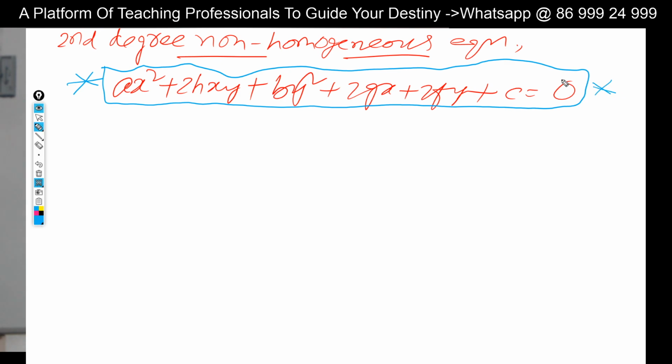This is also important. What did I say? Ax square plus 2hxy plus by square plus 2gx plus 2fy plus c equal to 0 represents every geometrical figure in two-dimensional geometry, but under certain conditions. Then you must be interested in what those conditions are to represent a particular geometrical figure.